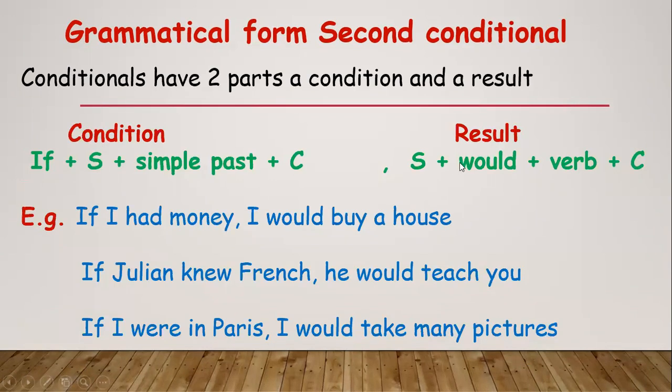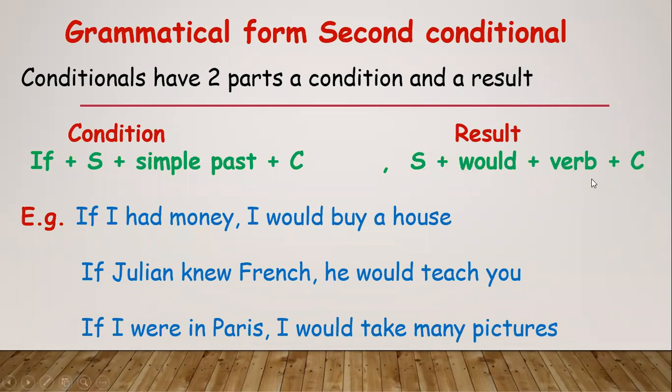And the second part of the sentence is the result. Okay, guys, so the next part is the result. In the result, we have the subject or the pronoun, right? The word would, that is a modal verb for hypothetical situations, remember.